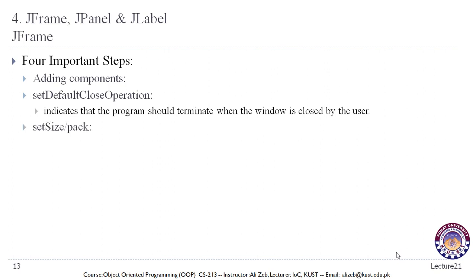We should always have an escape point in our program that we can click on to exit from our program, and this is provided by the set default close operation, and this will be used as an argument to close or terminate the window that we are using when we close the window.